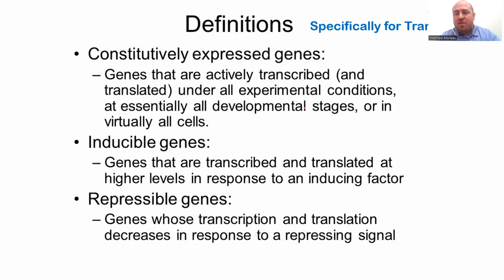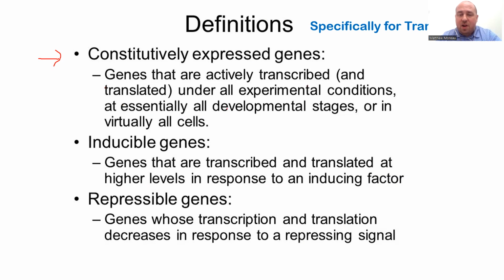So when we talk about genes and gene expression at the level of protein, they basically break down to two distinct modes of regulation. There are those that are constitutively expressed, meaning that they are always transcribed at the same level.